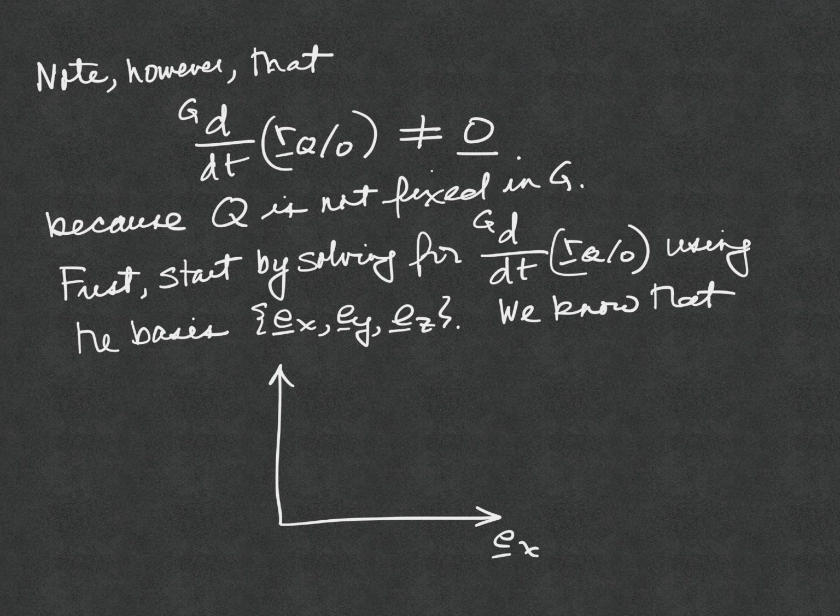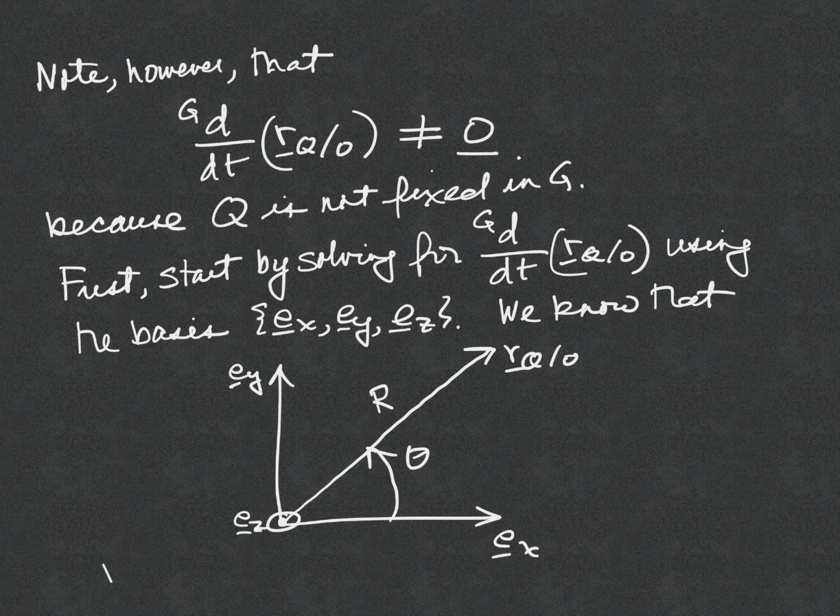We have EX, EY, and we have this position of Q relative to O. And then we have this angle theta, and this distance here is R. So from this information, we know that the position of Q relative to O has two components. It has a component of R cosine theta in the EX direction plus R times the sine of theta in the EY direction.